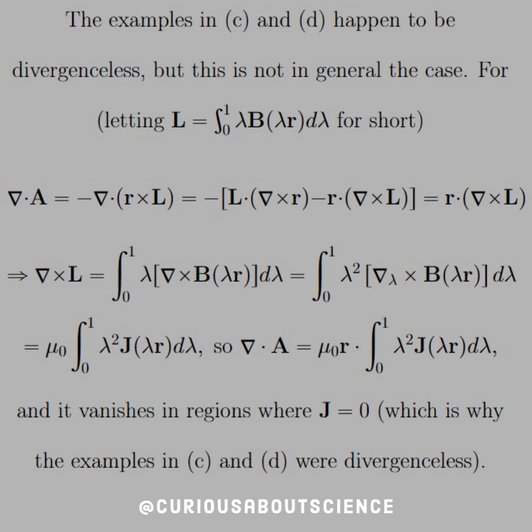But we know that the divergence of A is equal to mu naught r dot this integral that we just found. And we know that it vanishes in the regions where the current density is 0, which is why the examples in C and D are divergenceless. But again, this construction shows that it's not always divergenceless. It depends on the current density.